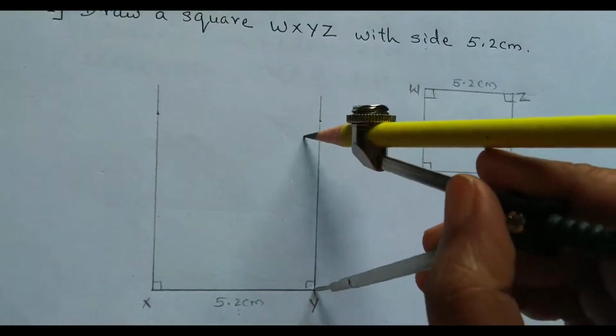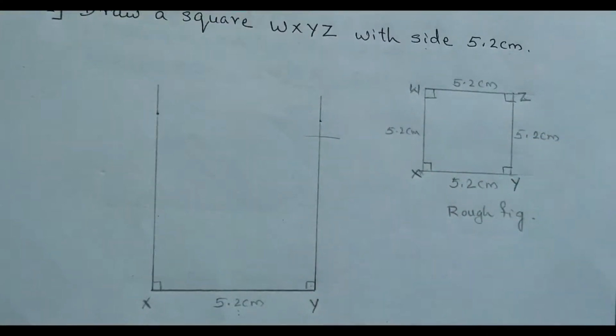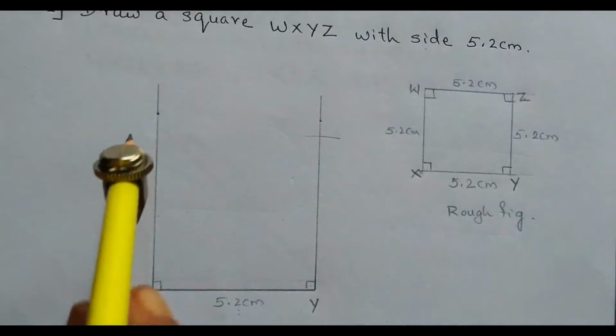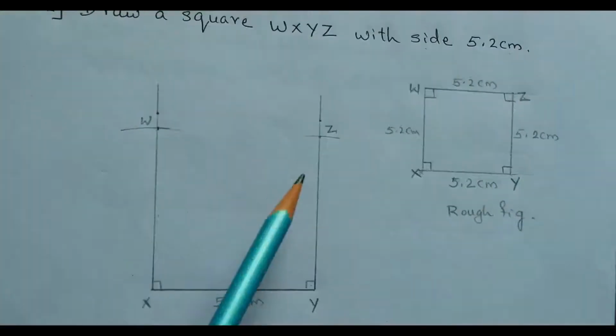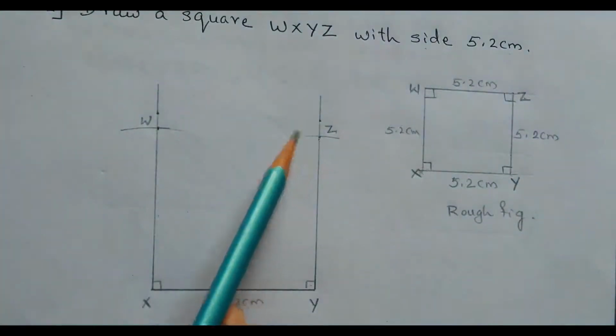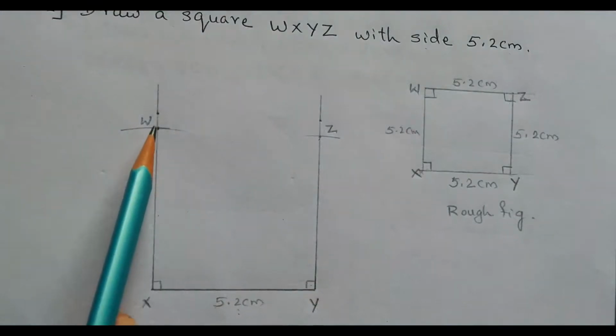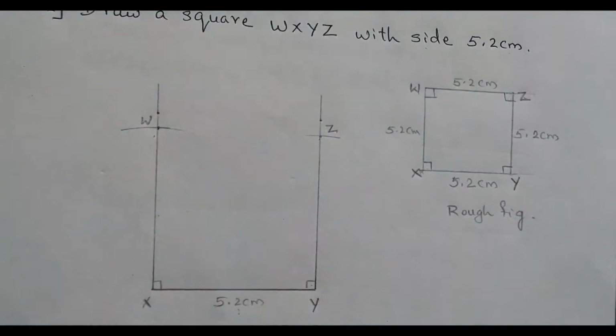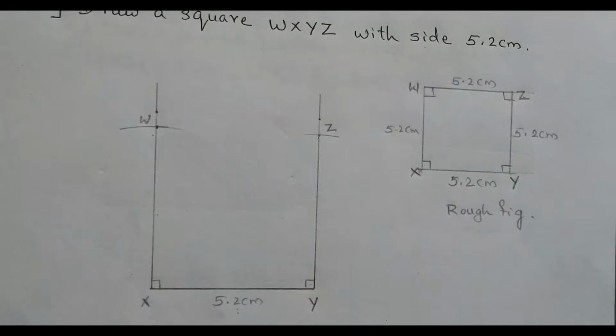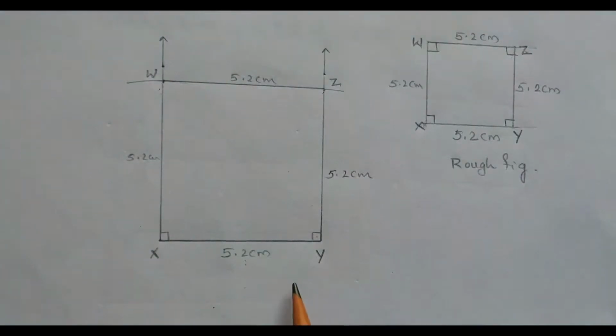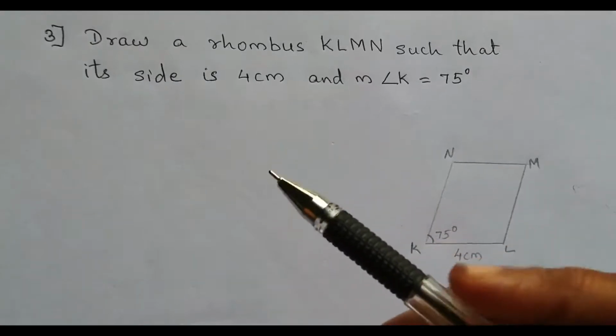With Y as center, draw an arc. Similarly with X as center, draw an arc. Now this is point Z and this is point W. Join the 2 points, your construction is complete. This is how your completed figure will look. Now let's see question number 3.